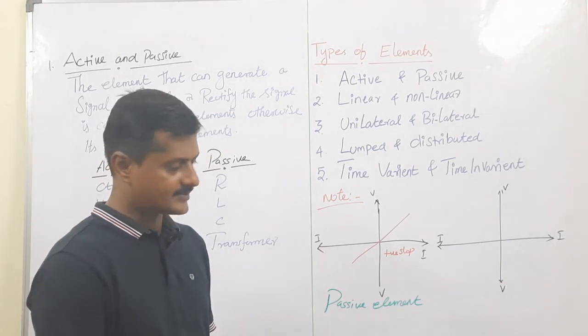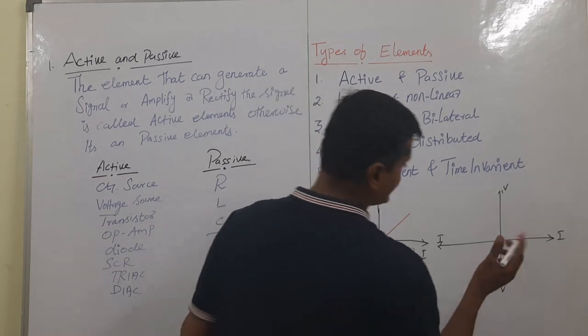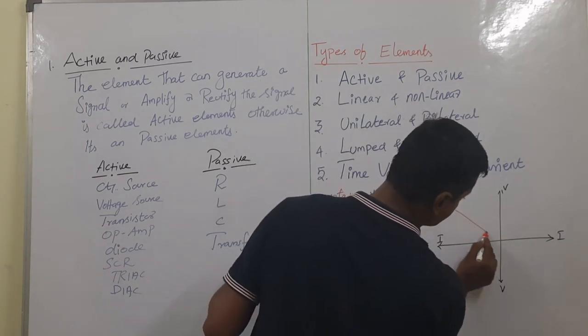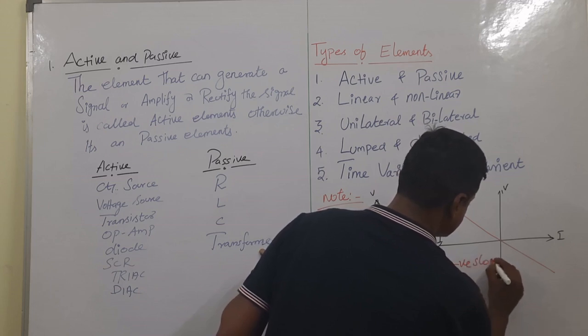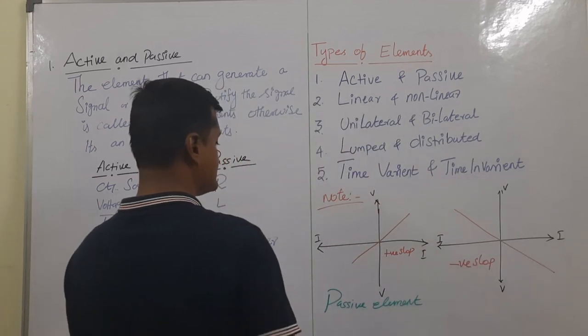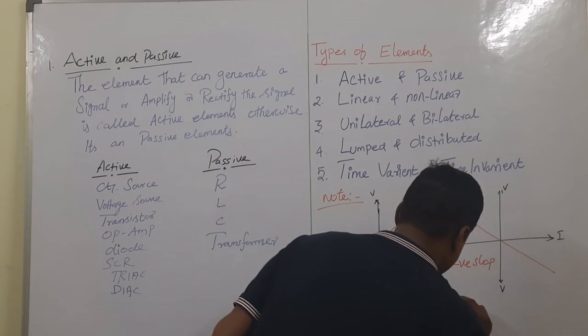Then what is an active element? An active element always has a negative slope. That is called an active element.